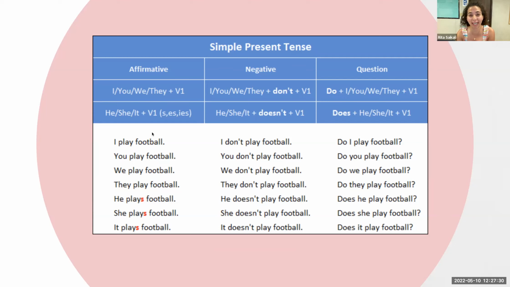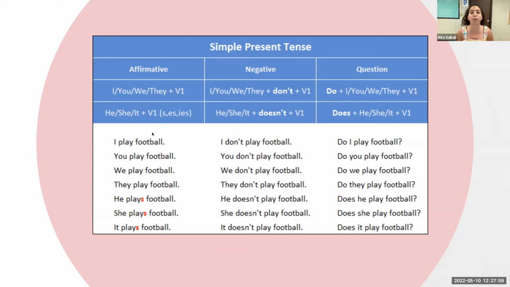So instead of the second one where we have the pronoun plus the don't plus the verb, here we have the do plus the pronoun plus the verb. Okay. Do I play football? We notice the do, the pronoun, and then the verb. Do you play football? Do we play football? Do they play football?